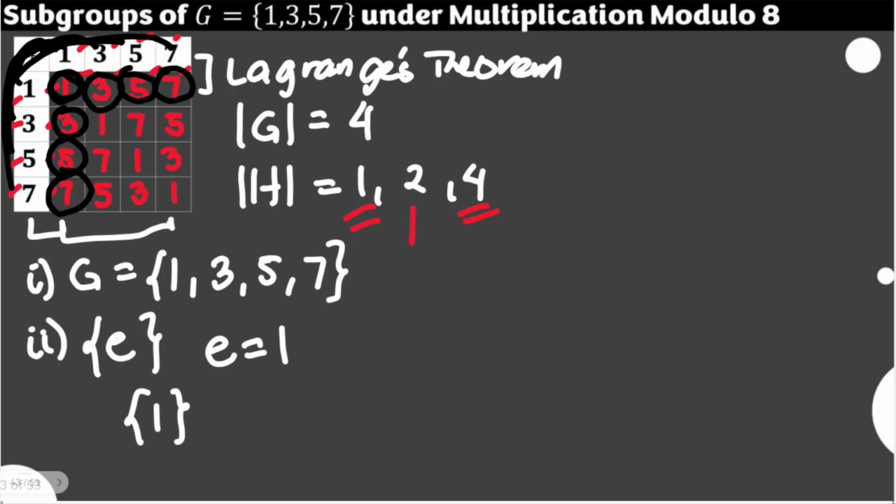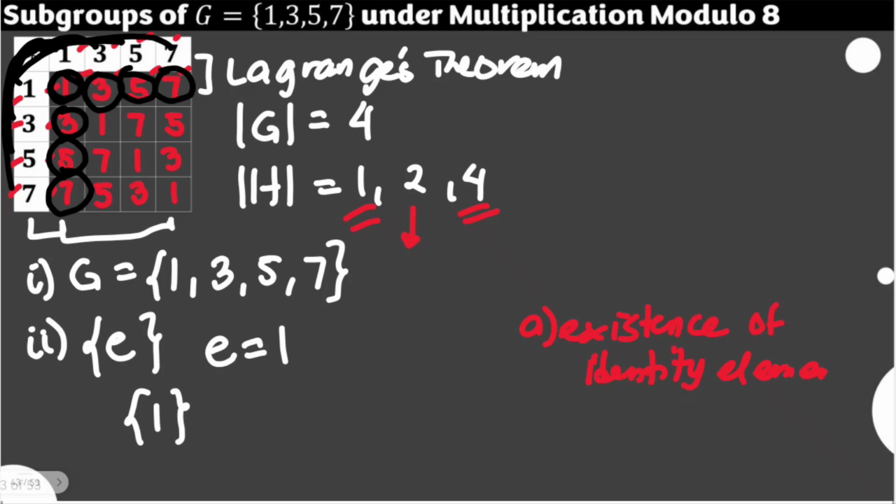This time, let's look into the possibility of coming up with a subgroup of order 2. Order 2 means we are to consider pairs of elements. But before we list the possible items to be verified, let's be guided that for a subset to really be a subgroup, it should satisfy the axioms of a group. The first one is that the identity element should exist in every subgroup.